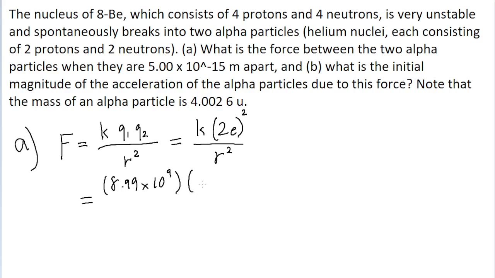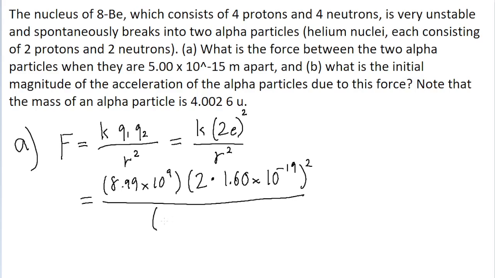Then we multiply by the square of 2 multiplied by the elementary charge, which has a value of about 1.6 times 10 to the power of negative 19 coulombs. Don't forget to square it along with the 2, and then we divide by the square of the distance between the particles, which is given in the problem as 5 times 10 to the power of negative 15 meters. Don't forget to square that.